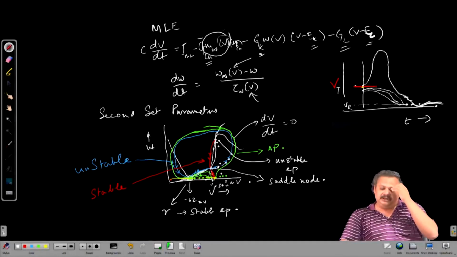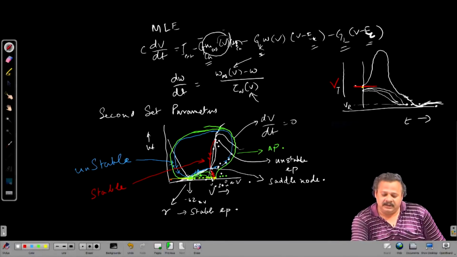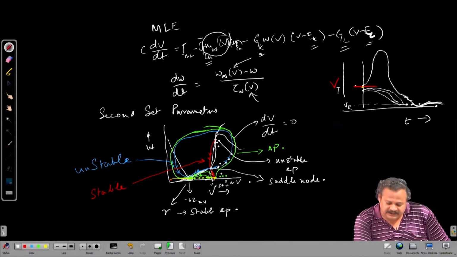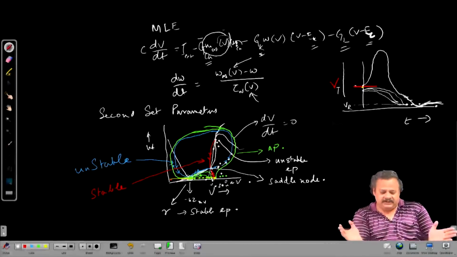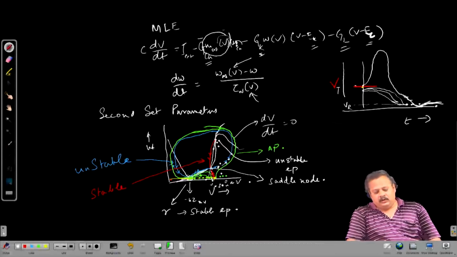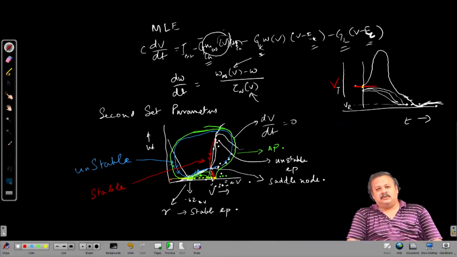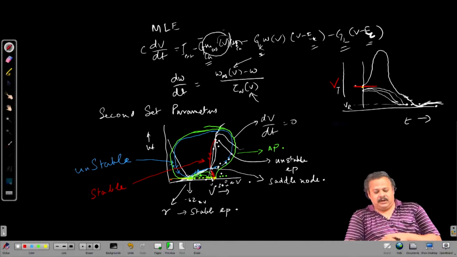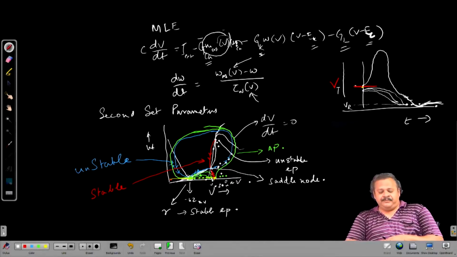So this is essentially the action potential, and the stable manifold that separates the two regions is what is providing the threshold behavior. So this same idea, so we are talking about a toy system here, by changing the set of parameters where we can see the threshold behavior.